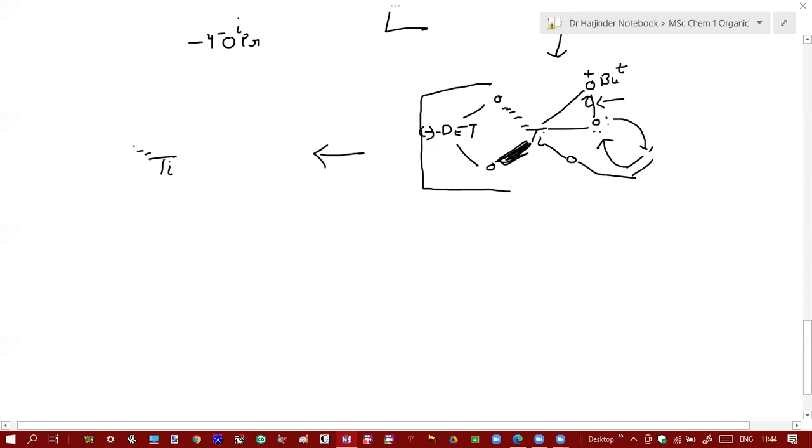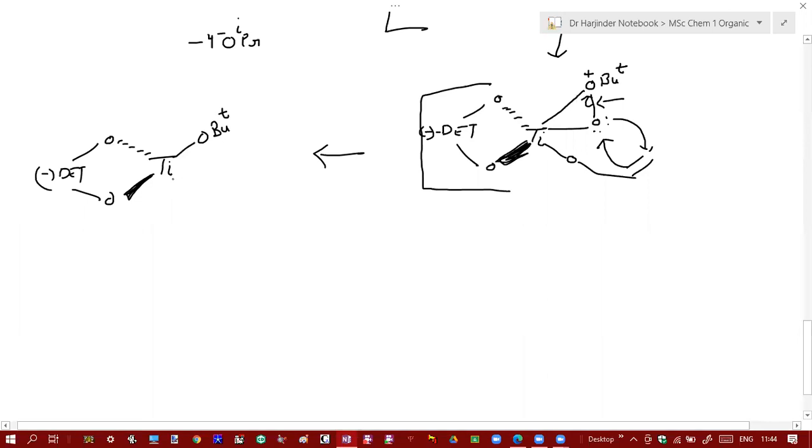So that will result in the formation of this one. Here it will remain the same, diethyl tartrate. Then that bond will break. So here you will have oxygen, tertiary butyl.